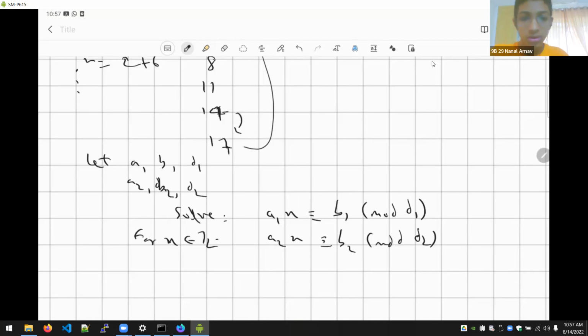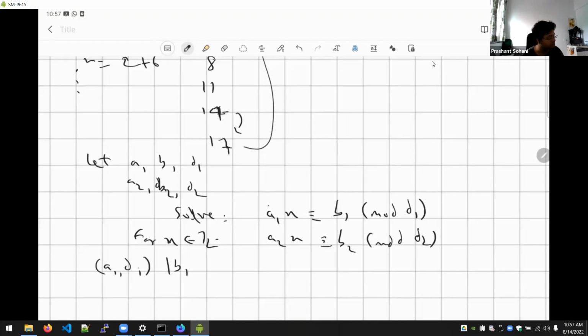Sir, one of the conditions is that they must be individually solvable. Yes, correct. Each of them is a single equation like the previous example. So GCD of a1 comma d1 has to divide b1, and GCD of a2 comma d2 has to divide b2.